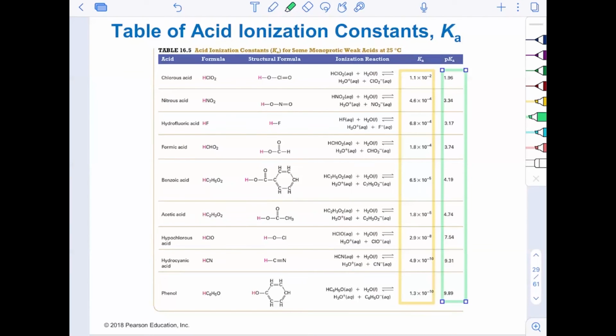Notice the difference here. The only difference between them is the Ka has large negative exponents, the times 10 to the negative 2s all the way down to times 10 to the negative 10s. And the pKa is a number instead of a scientific notation. And it goes from about 2 to 10, and it's not negative.